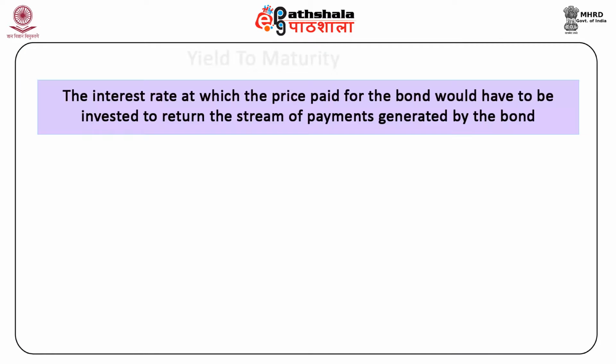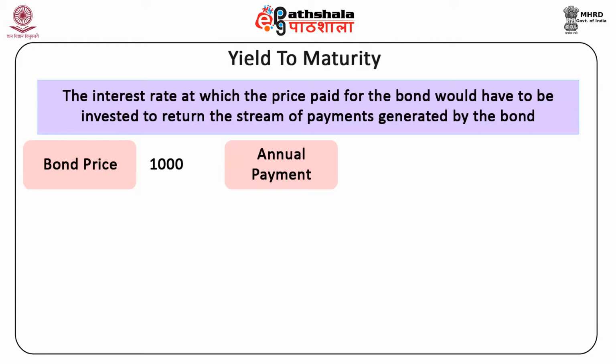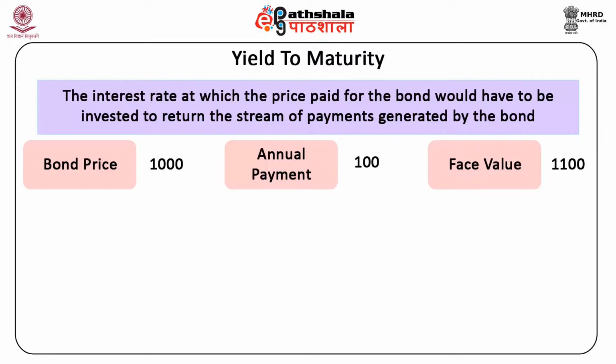Yield to maturity is the interest rate at which the price paid for the bond would have to be invested to return the stream of payments generated by the bond. For example, having paid 1000 rupees for the bond, in the following year you will receive an annual payment of 100 rupees and 1100 rupees face value.